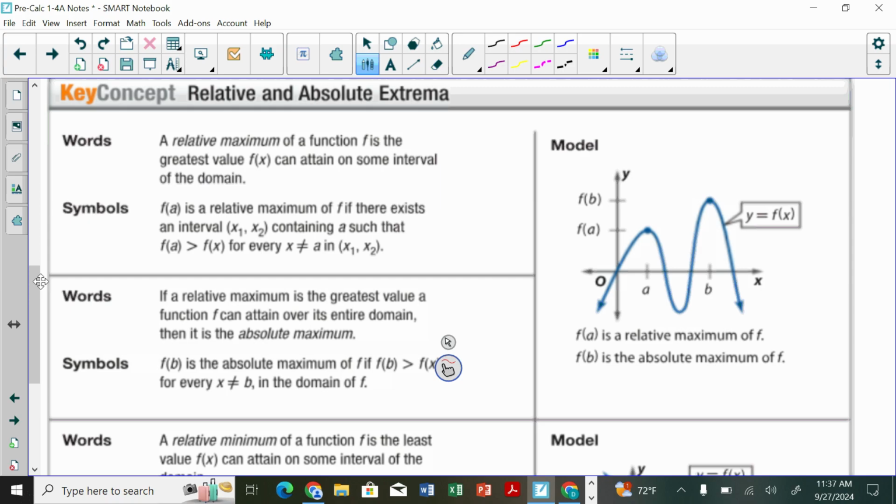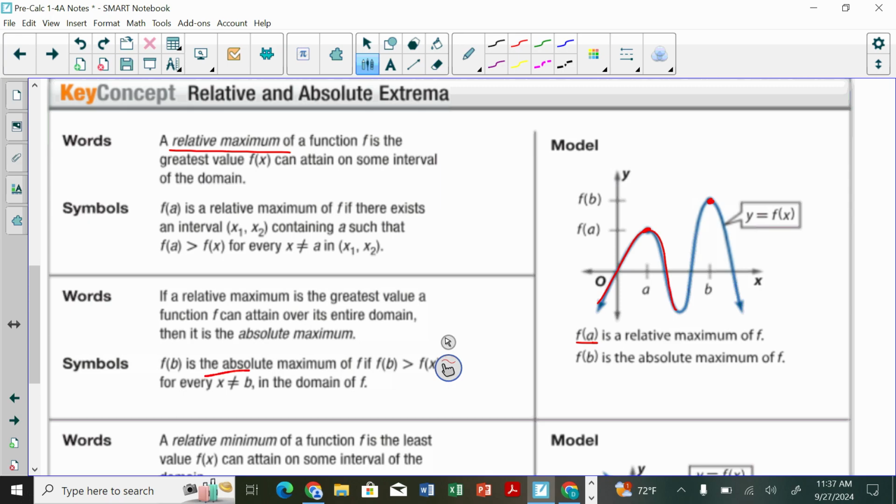But a relative maximum here is the greatest value that it can attain on some interval of the domain. So we can talk about this being f of a. It says it right here. This part right here is a relative maximum of f, because in this interval here, that is the maximum value. And then f of b up here would be the absolute maximum.